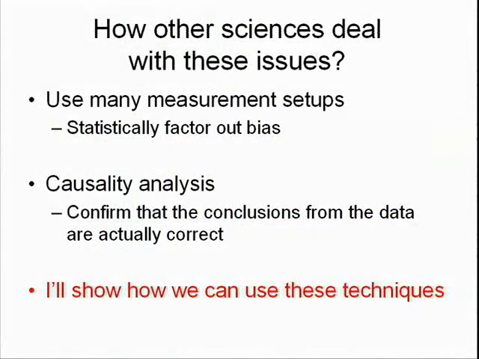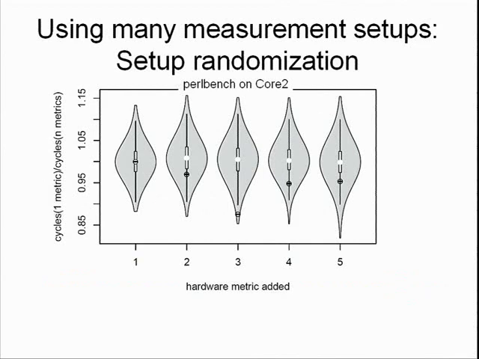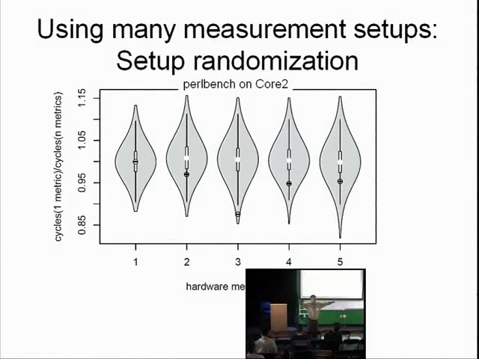So I'll demonstrate how we have been using these techniques by giving you 2 examples. So for the many measurement setups, we do setup randomization. So rather than collecting data, for example, using just one environment variable setting and one link order, we collect data with many different experimental setups, and then we draw the distributions.